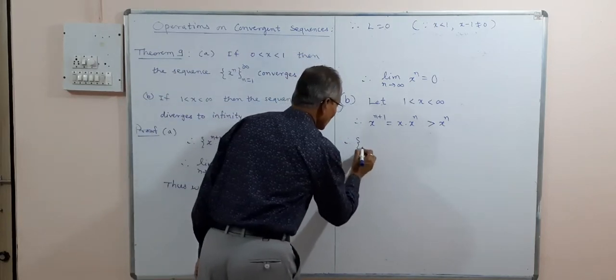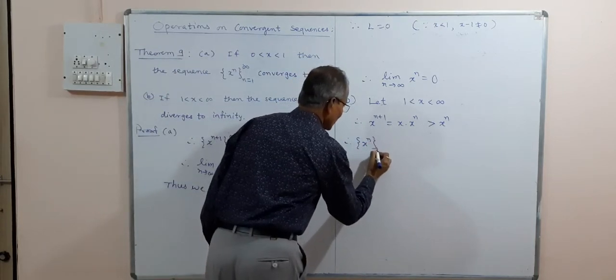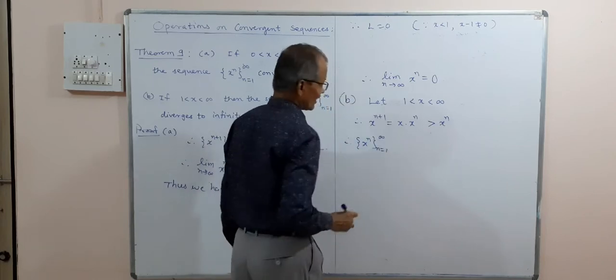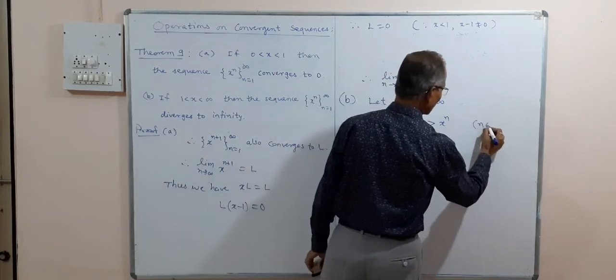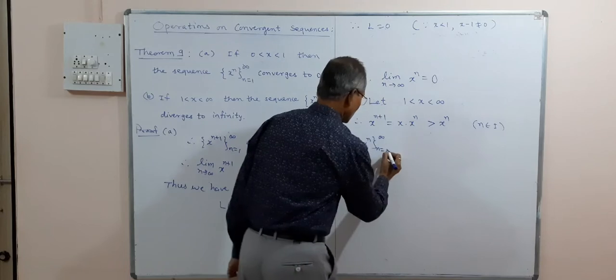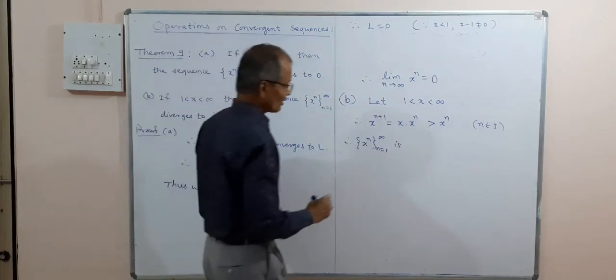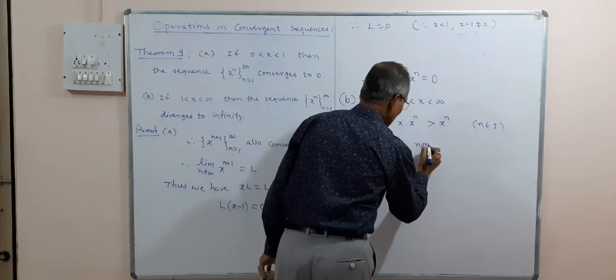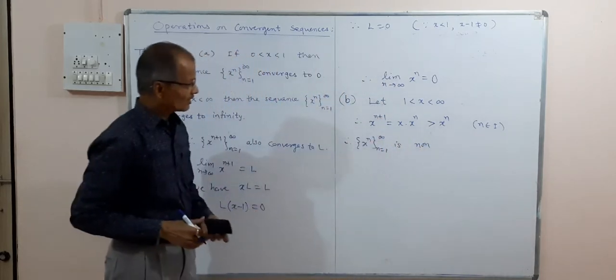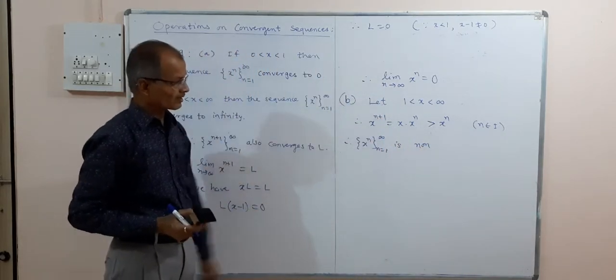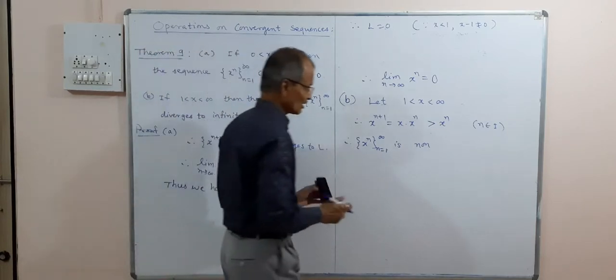Therefore, x raised to n, and this is true for n belongs to N, is a non-decreasing sequence. The n plus 1th term is greater than nth term, so it is non-decreasing.